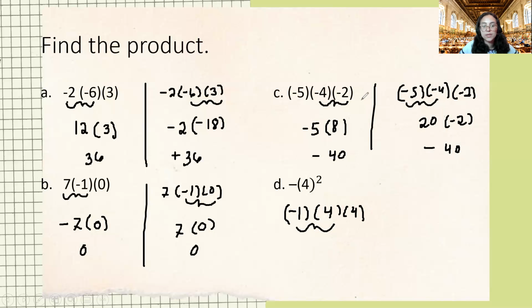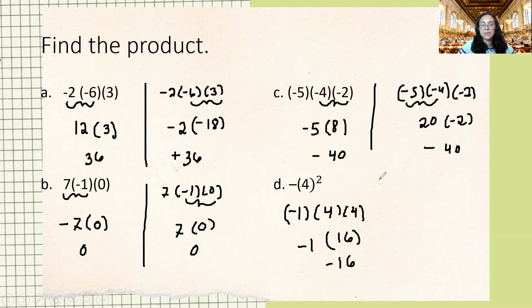this, or what you can do is actually distribute, well, actually we have to follow the order of operations. So we would actually do the exponent first and then do the multiplication. So you can do 4 times 4, that will give you 16, and then multiply the -1, and this will give you -16.